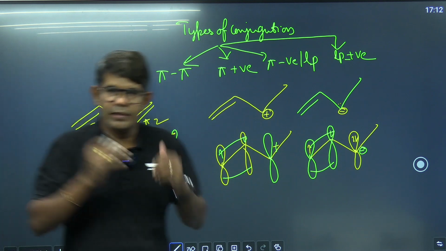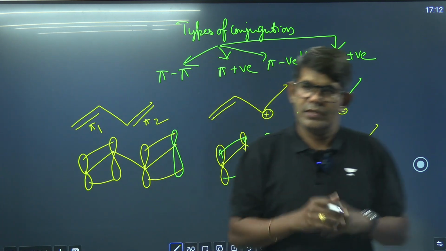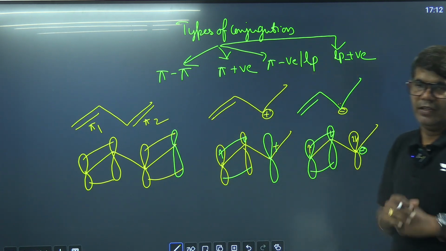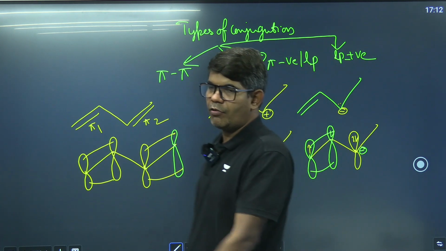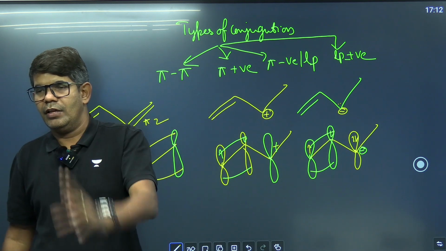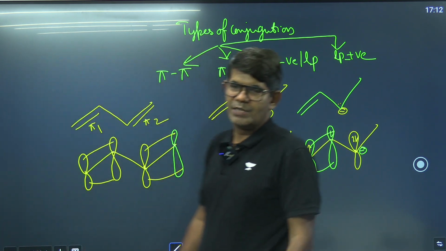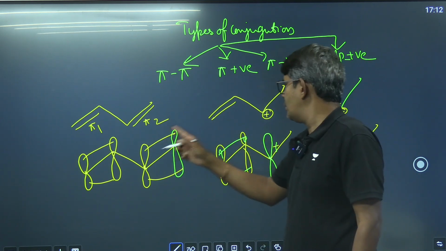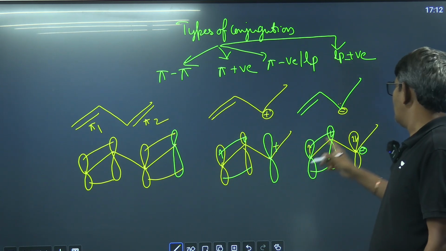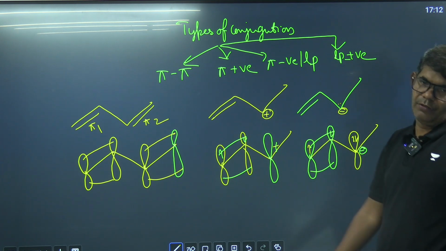So both the p orbitals must be in the same plane. That is the reason it is a necessary condition for conjugation that the 3 p orbitals must be in the same plane. So we have seen pi conjugation, pi positive conjugation, and pi negative conjugation.